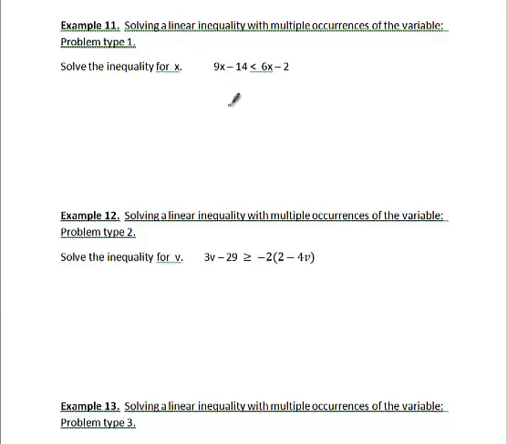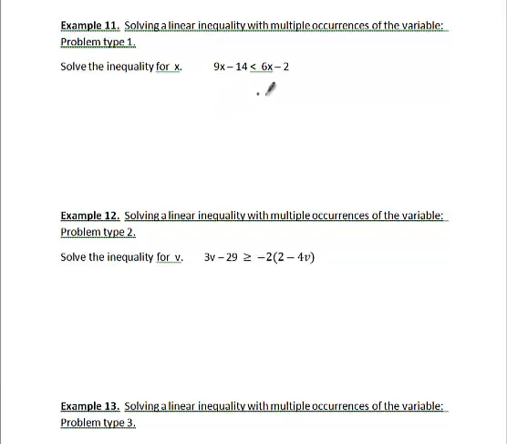So just like equations, here we are with a more complicated inequality where the variable is in several places, and there's actually a variable term on each side of the inequality.